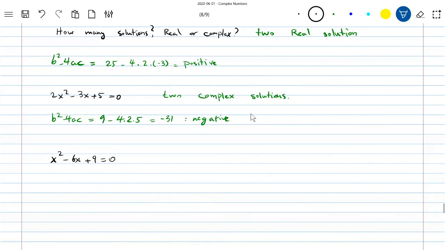Calculate this one. Discriminant b squared minus 4ac: negative 6 squared is 36, minus 4 times 9 times 1, a is 1. It gives you 36 minus 36, which is 0. So this tells me that there is only one real solution.